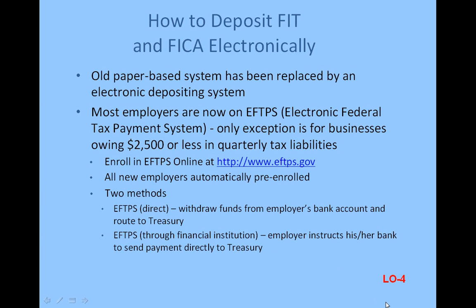This is describing the two methods, and I guess this is kind of like a debit card or a credit card, but that's maybe a bad analogy. But in the direct case, you just tell them to take it and withdraw it from my bank account. In the second case, you say, well, when I tell the bank to send it, they'll send it. I'll do that through the financial institution. So it's a matter of you just, in one case, turn over to the taxing authority the right to come and take it.